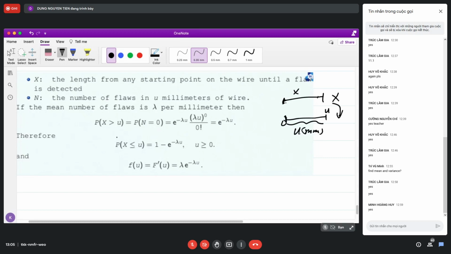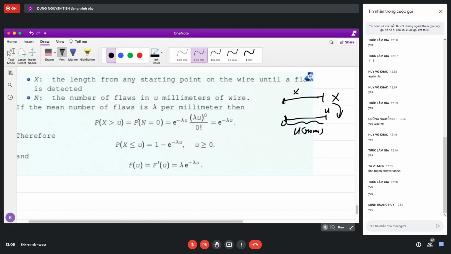So you have the equation: the probability that X is more than u is the probability that the capital N is 0. What is N, by the way? Capital N is a Poisson random variable, because it is the number of flaws that you can observe in u millimeters of wire. In 1 millimeter of wire, you can observe lambda flaws, so in u millimeters of wire, you can observe lambda times u flaws.